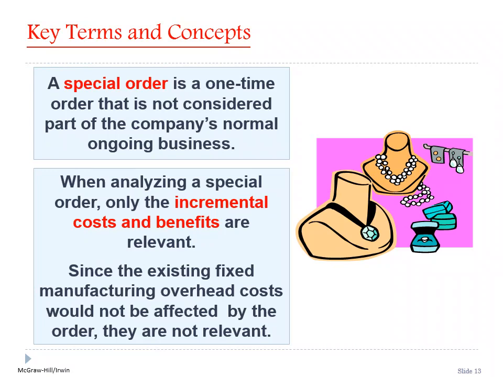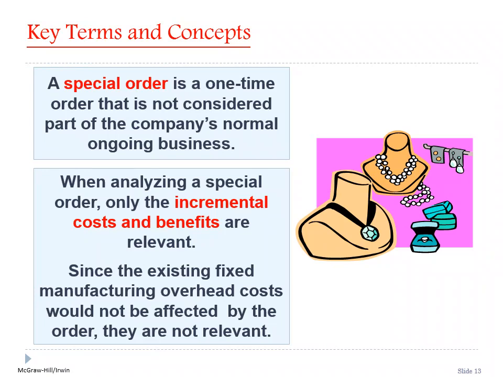When analyzing a special order, only the incremental costs and benefits are relevant. يبقى هنا we are depending on the incremental costs and benefits to make this decision. يبقى our concern will be the incremental costs and benefits.